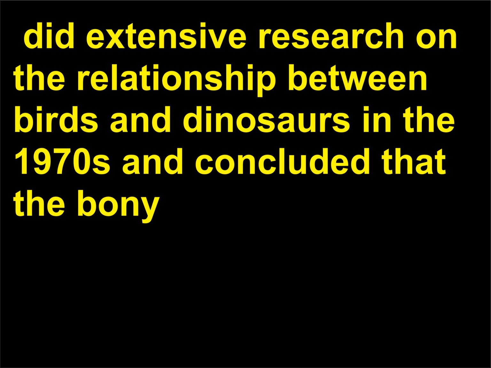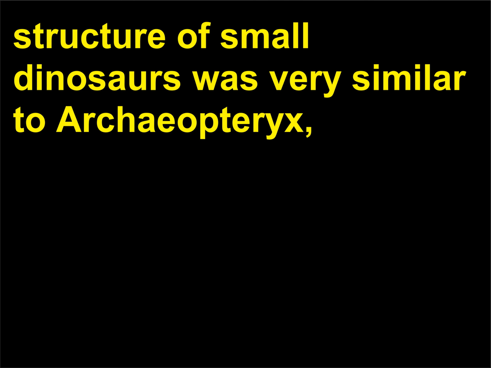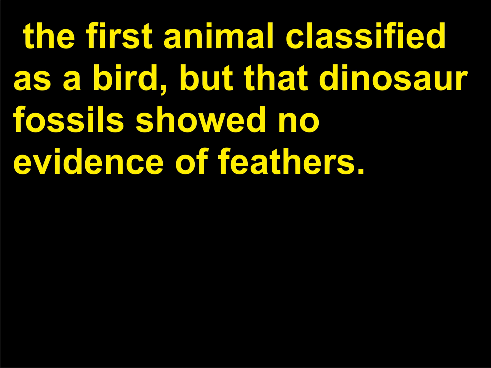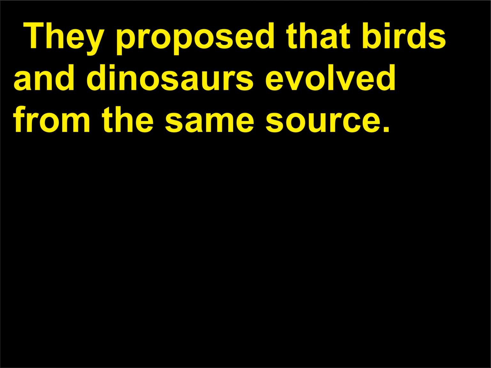Robert T. Bakker (1945) and John H. Ostrom (1928) did extensive research on the relationship between birds and dinosaurs in the 1970s and concluded that the bony structure of small dinosaurs was very similar to Archaeopteryx, the first animal classified as a bird, but that dinosaur fossils showed no evidence of feathers. They proposed that birds and dinosaurs evolved from the same source.